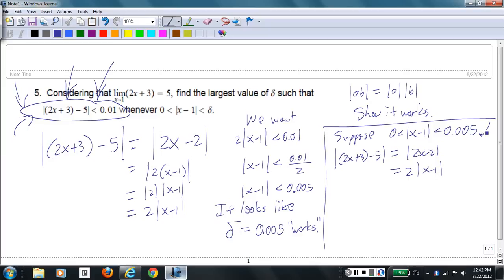If we don't use that, then what we're concluding would be always true. It's not always true, but it is going to be true if the absolute value of x minus 1 is less than 0.005. So we've got to use this. If this is true, so off to the side, maybe over here, the absolute value of x minus 1 is less than 0.005. What happens when we multiply both sides by 2?